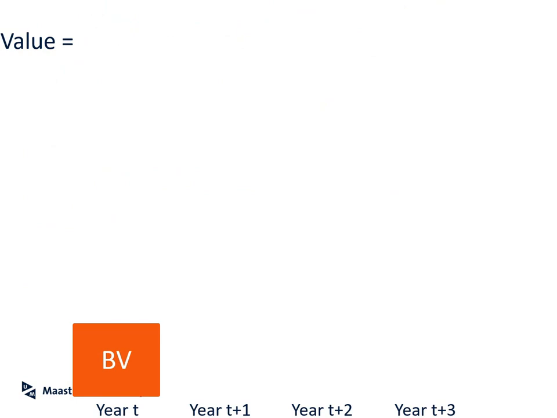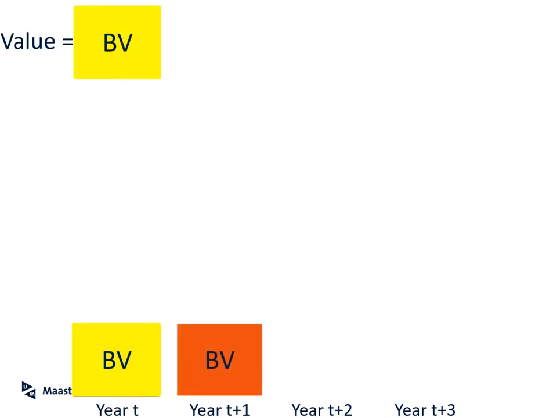We can also see this graphically. So the starting point for the value of the firm is the book value of equity. If we are not able to earn any abnormal profits, the equity value of the company should be equal to the book value of equity. Now it's on this book value of equity that we're going to earn a certain income in the following year.